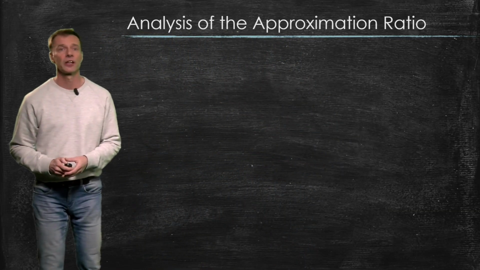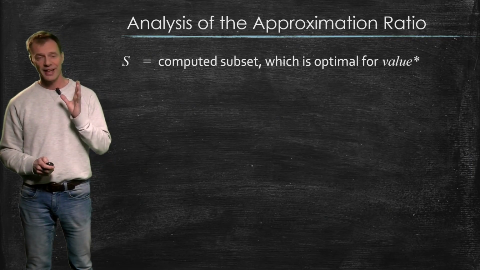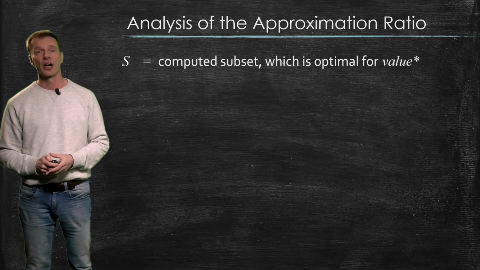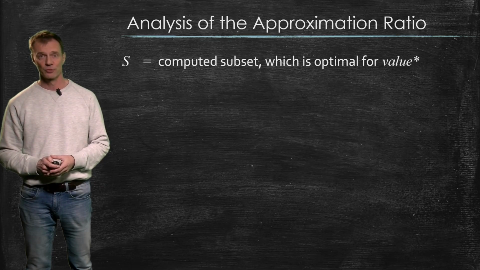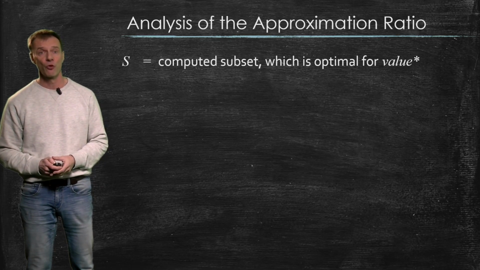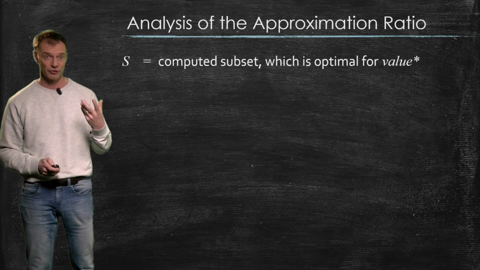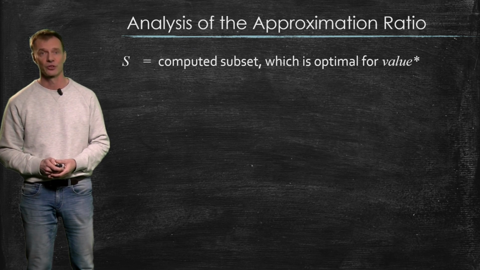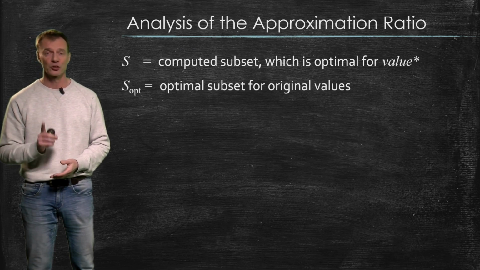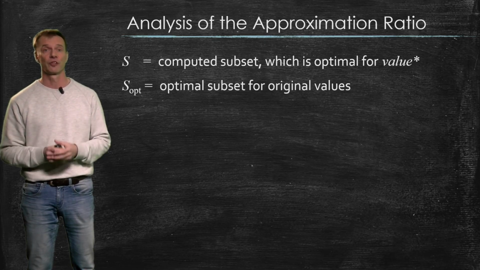So now we want to analyze the approximation ratio of our algorithm. So let S be the subset of items that our algorithm computes. And remember that S is an optimal subset for the set x star, which uses this value star instead of the real values. And let me denote by S opt the subset that gives an optimal solution for the real values.